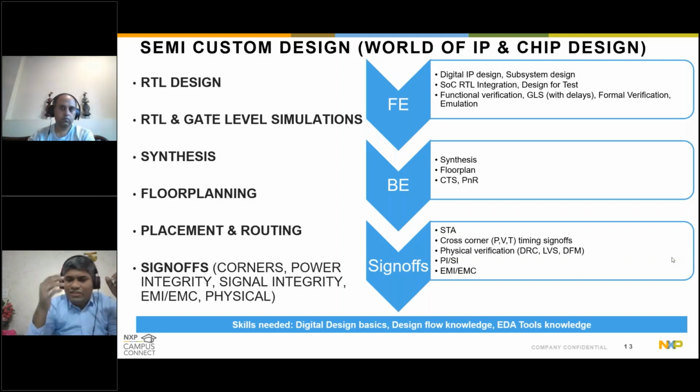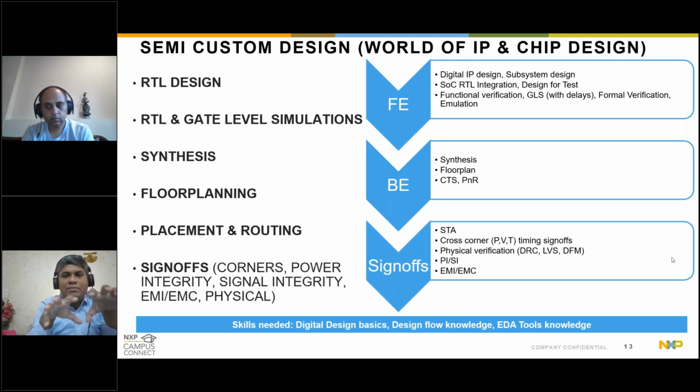We have to take care of the physical verification, just as we did on the analog or full custom side. We have to ensure the integrity of the signals, right? Because there are again parasitics involved, so the reliability of the device from a parasitic world also needs to be taken care of. And then electromagnetic interference and electromagnetic compatibility: when the chip that you make is assembled by somebody with another chip, maybe on a motherboard or in the same package, what are the interferences and the crosstalk happening between these two animals sitting in the same cage in the zoo?